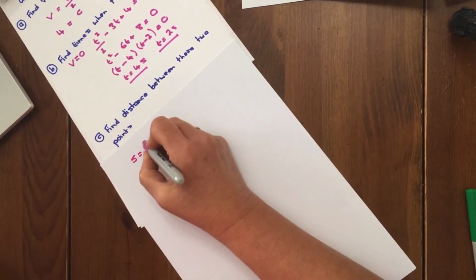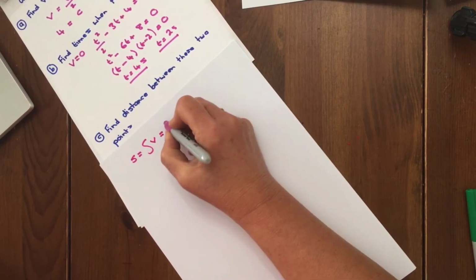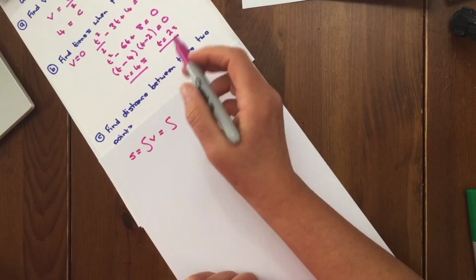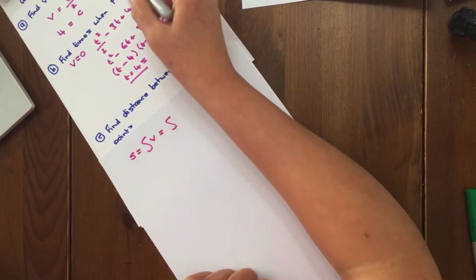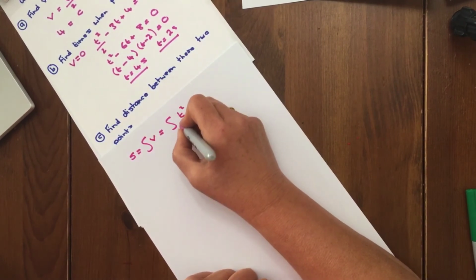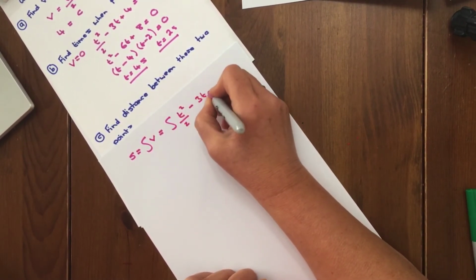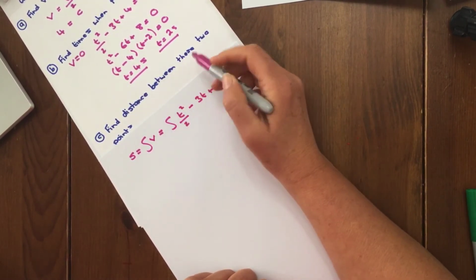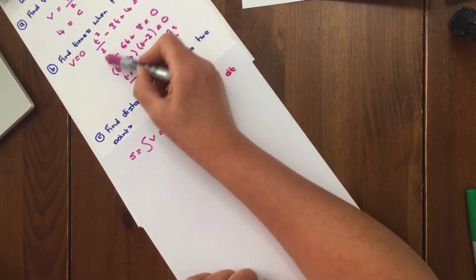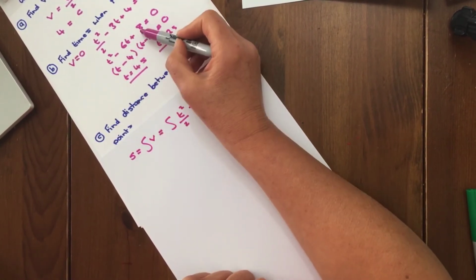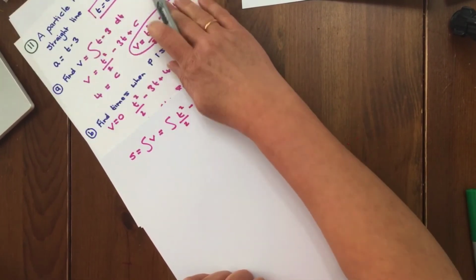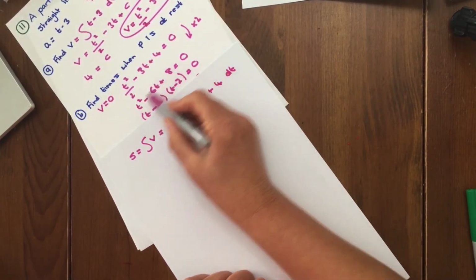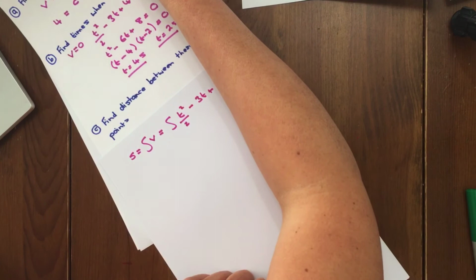So S is the integral of velocity, and my velocity equation is t squared over 2 minus 3t plus 4 with respect to t. I can't use this equation here because that isn't equal to velocity. I must use the original equation for velocity, this one here. Not this one, because I have actually changed the equation there.